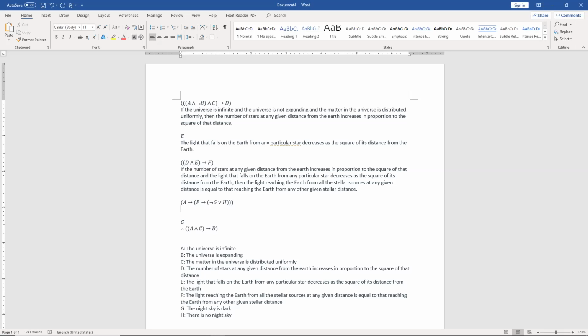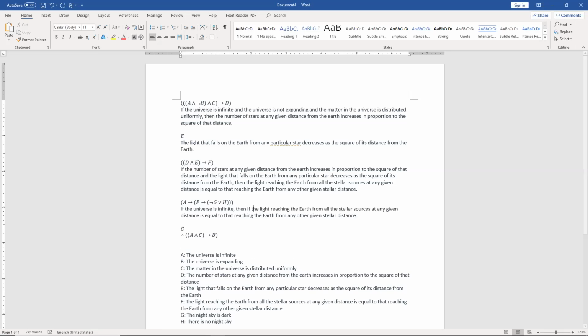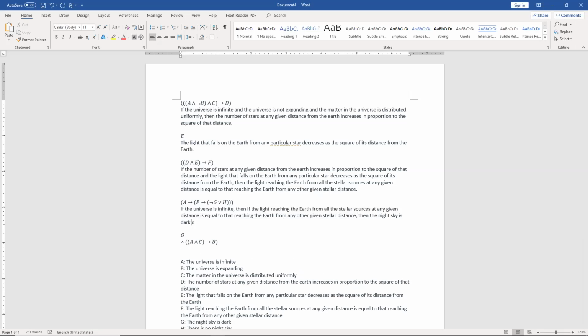So anyways, this one here, we have a conditional. So if the universe is infinite, then if the light reaching from blah, blah, blah, this is F. So if the universe is infinite, then if F, it's the layered conditional part, then the night sky is dark, or there is no night sky.